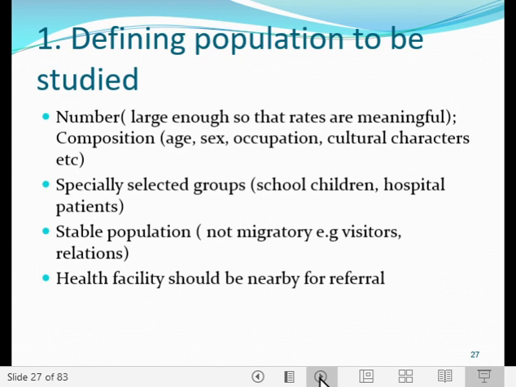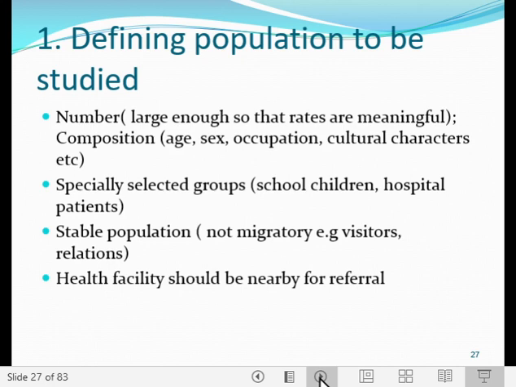Similarly, if a disease is more in a particular sex, then accordingly sex and occupation too need to remain constant. Then specially selected groups you can include, examples are school children and hospital patients.